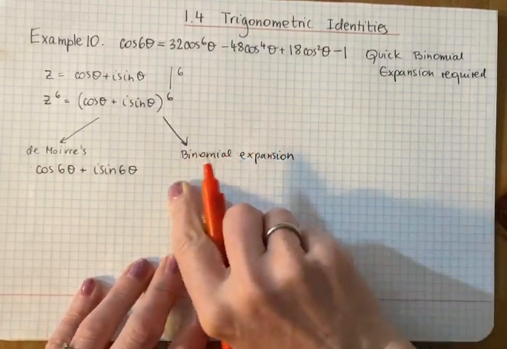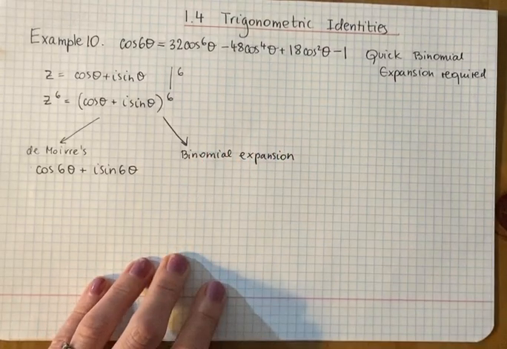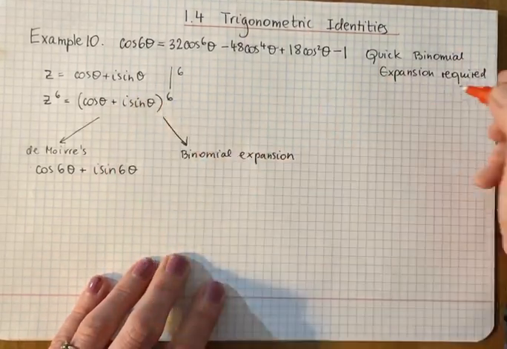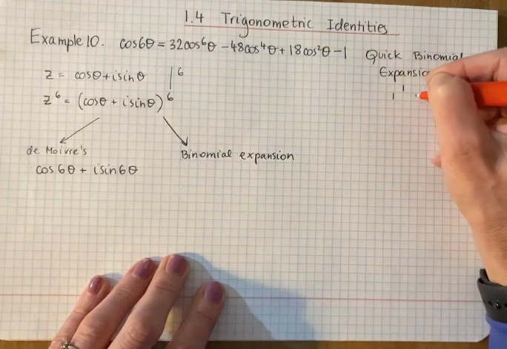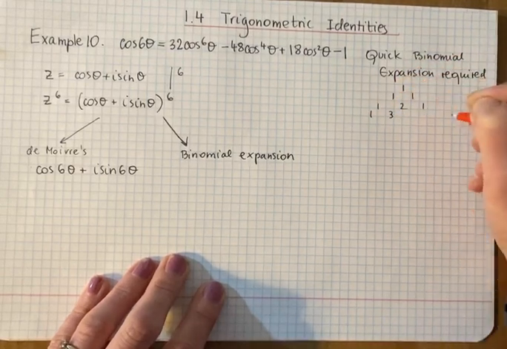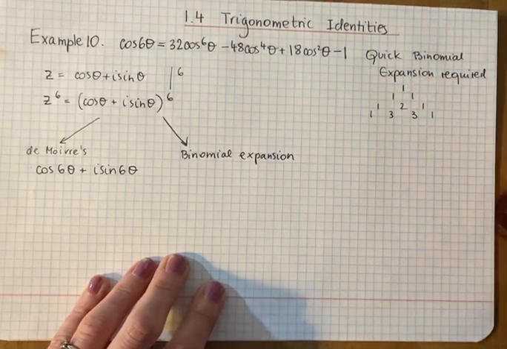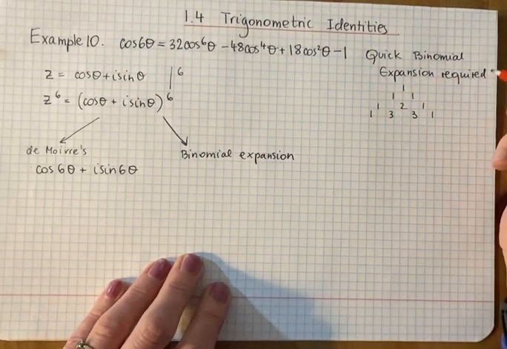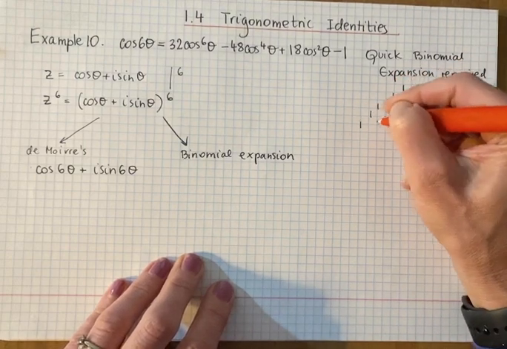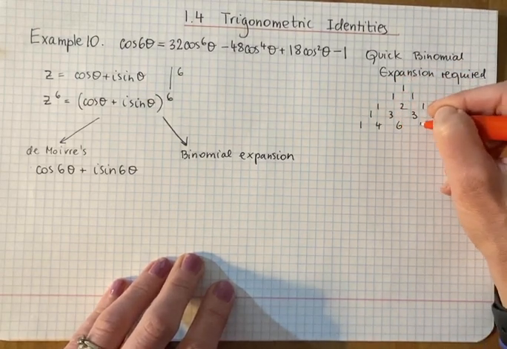Okay, so a quick binomial expansion, we are raising something to the power of 6. If I just remind you, I'll just use Pascal's triangle. You can use the combination method, n choose r if you like, but this is sufficient.